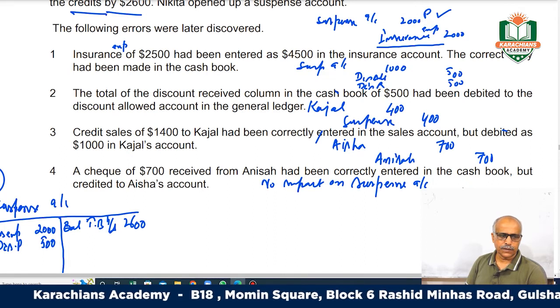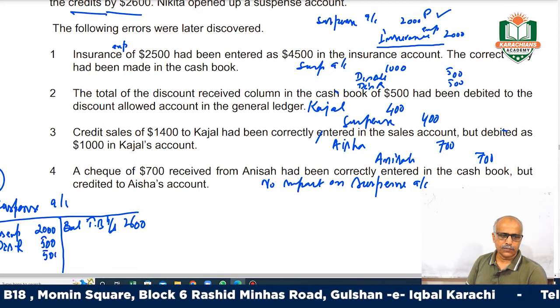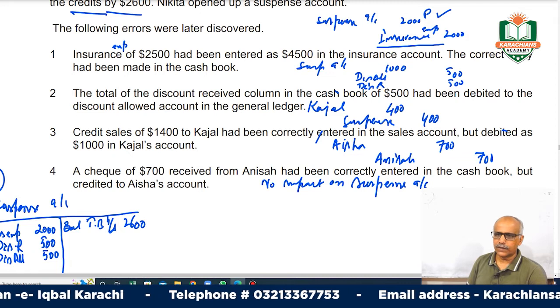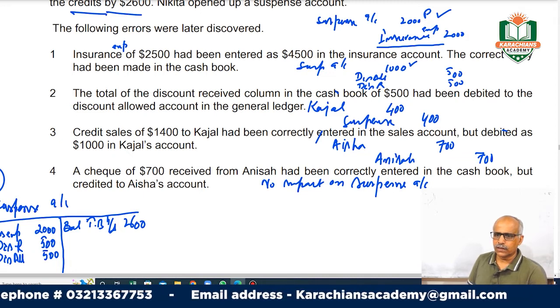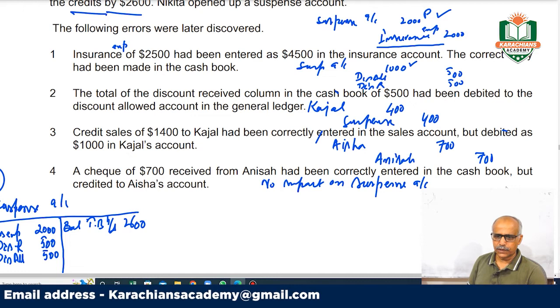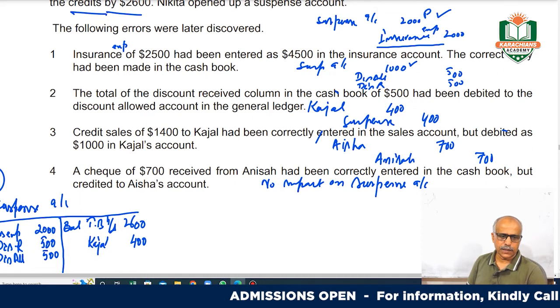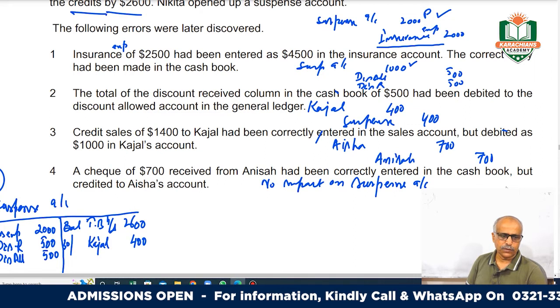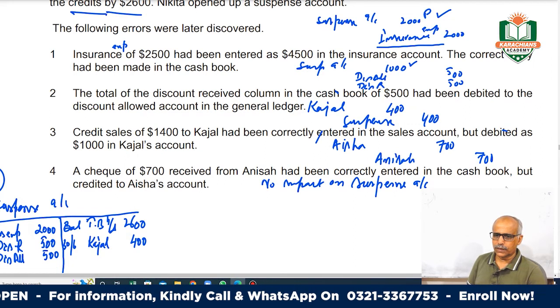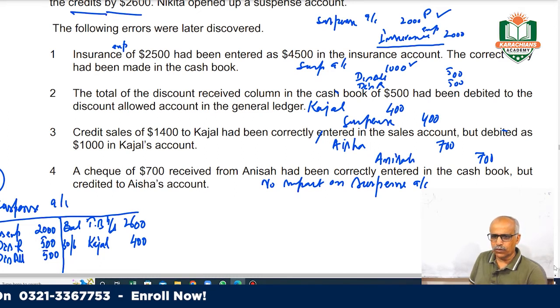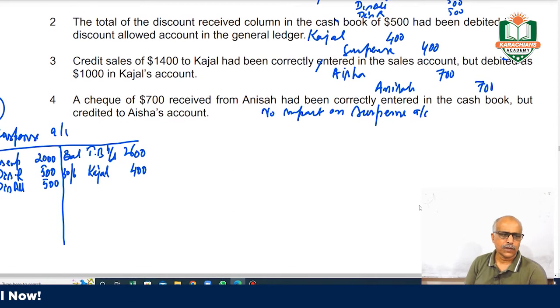Because of discount received 500 and discount allowed 500, this 1000 we have done with. Now the third one: we are crediting the suspense account due to the correction in Kajal's account, and this was also done on 30th of June. So entry number 4 has no impact. We have posted all of these figures into this suspense account.